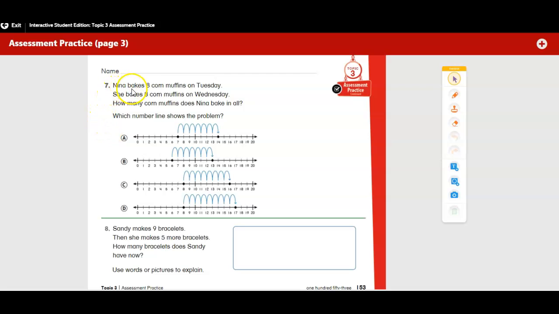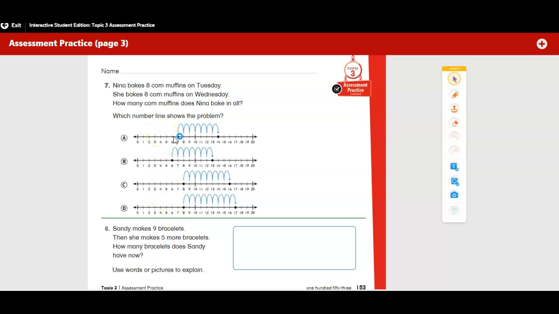So if Nina bakes 8 corn muffins on Tuesday and then bakes 8 more on Wednesday, which number line below shows the 8 muffins from Tuesday and then the 8 more added on Wednesday?